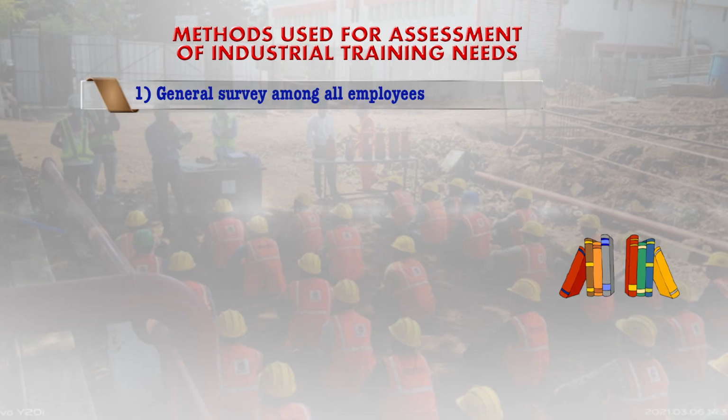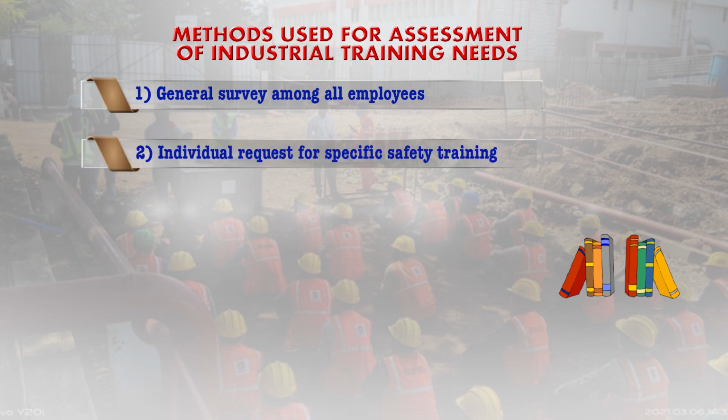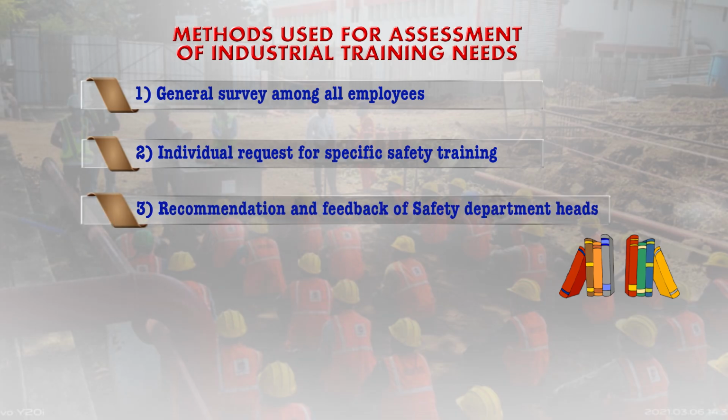Let's move on to the methods used for assessment of industrial training needs. There can be various methods. Generally, it can be a survey among the employees. You can carry out a thorough survey within the organizations. There can be a request by an individual employee. There can be feedback from the different departments, including the safety departments, conveying that there is a need of safety training.